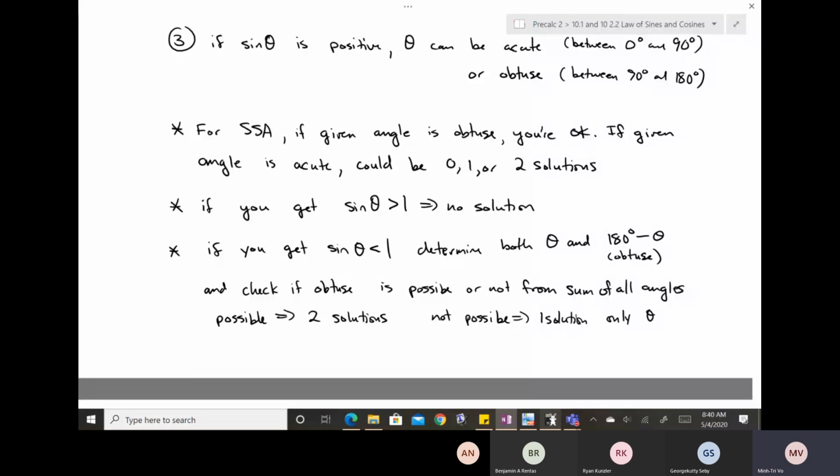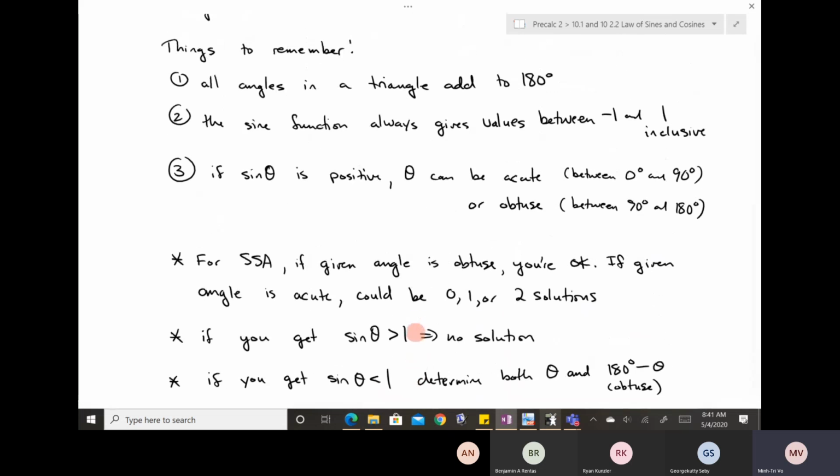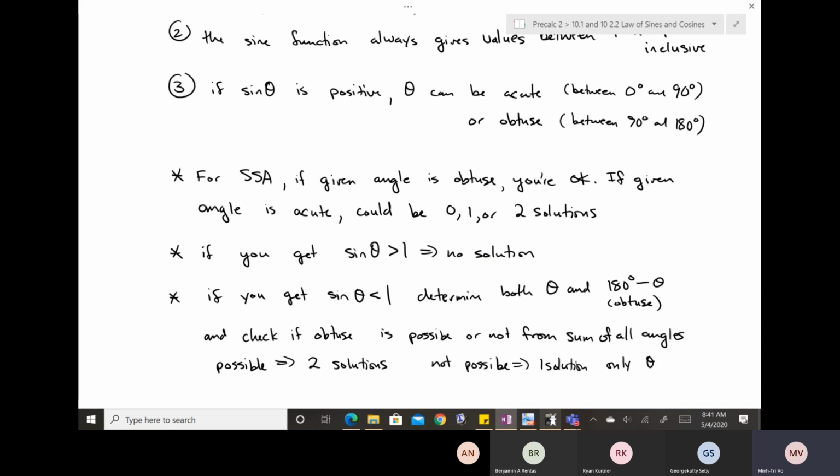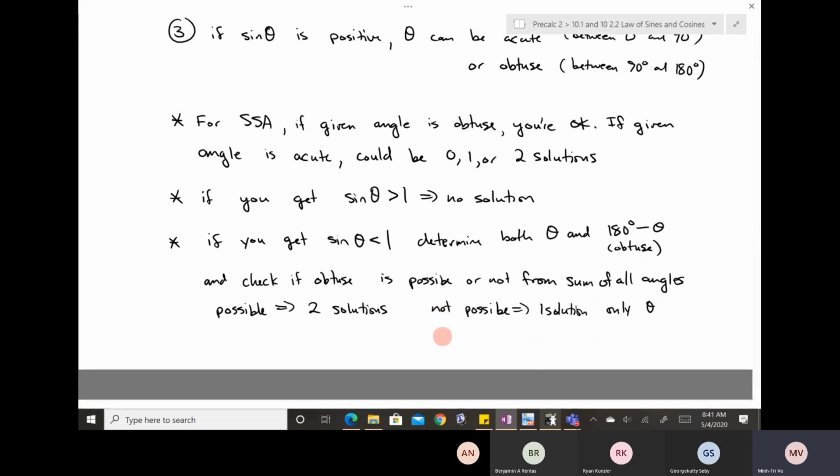And then once you calculate these two possibilities, you want to check if the obtuse angle is possible or not. You can check it from the fact again that all angles in a triangle should add up to 180 degrees. If that doesn't happen, then only theta is a solution.